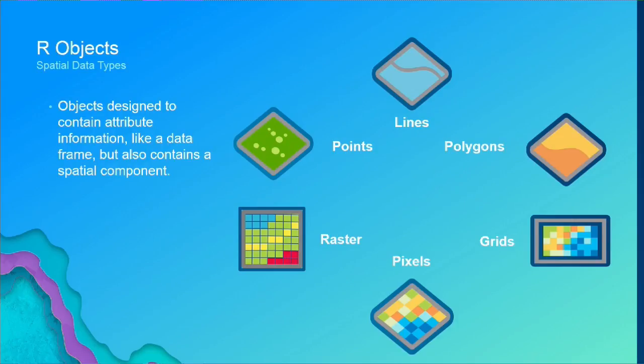So all of that important information about your data regarding its projections, any type of spatial attributes it has, are stored. And so there's a lot of different ways you can work with spatial data in R, whether you have your vector data, points, lines, polygons, or if you're working with rasters.